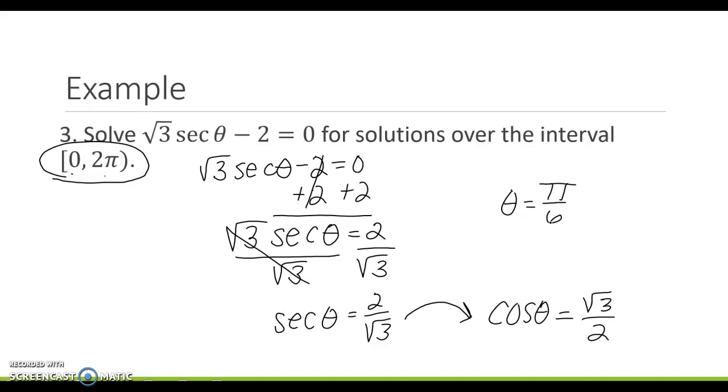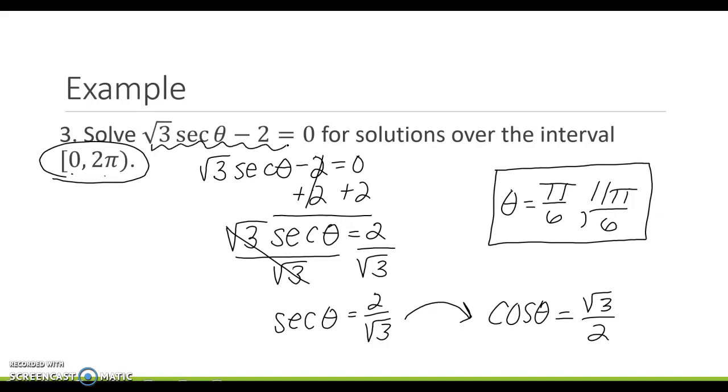Quadrant 3, cosine is negative, no values there. Quadrant 4, 11 pi over 6. Cosine would also be equal to square root of 3 over 2. So those would be my two solutions for this trig equation up here.